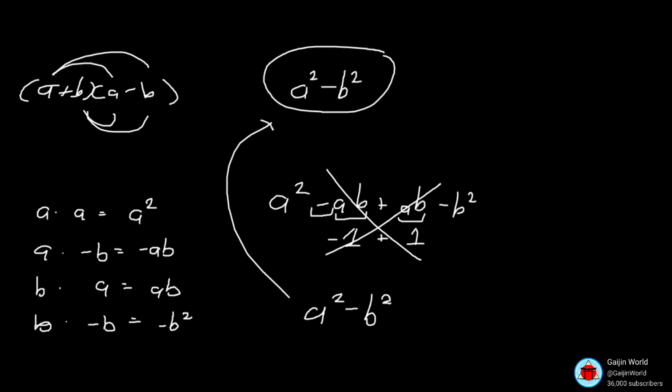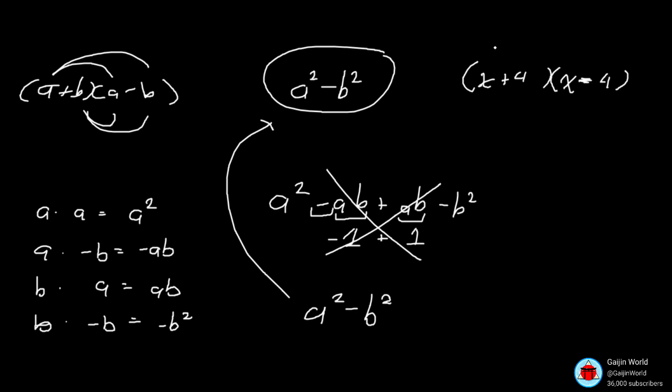So the reason why this works is, let's try, okay? Let's say you have x plus 4 times x minus 4. This only works when those two are the same, and you see a minus sign right here. So let's put the numbers in.